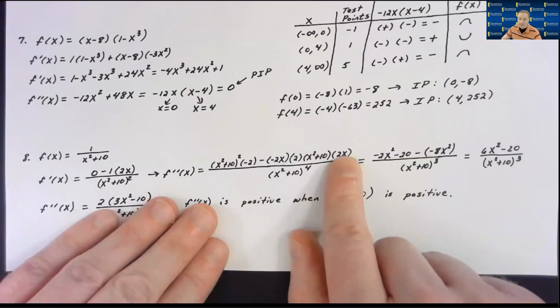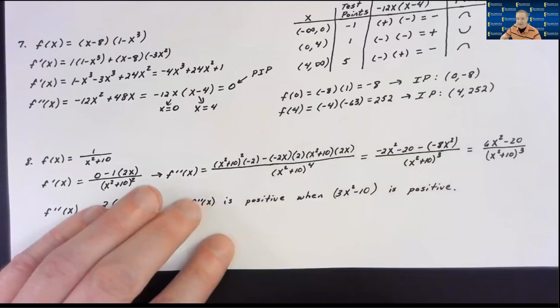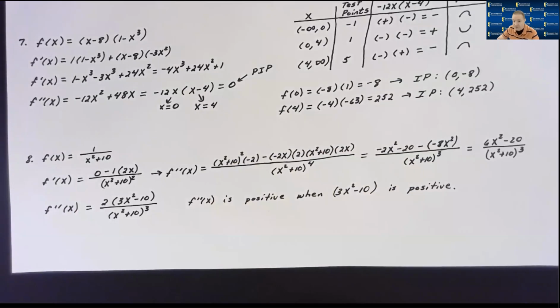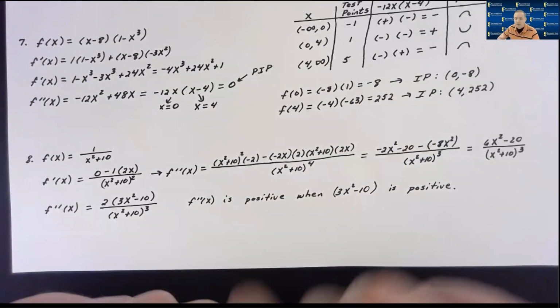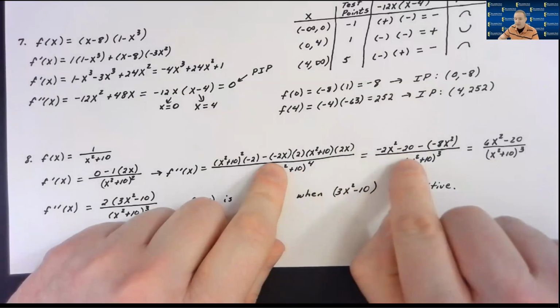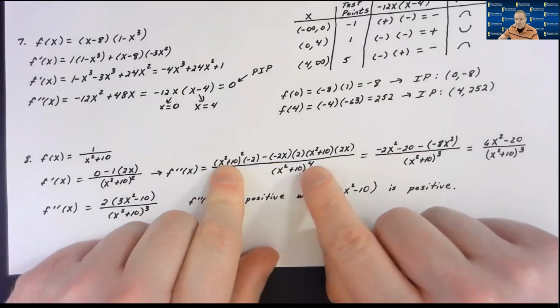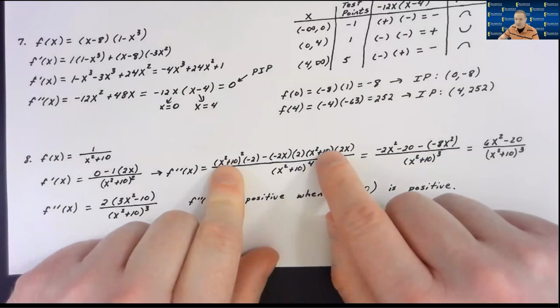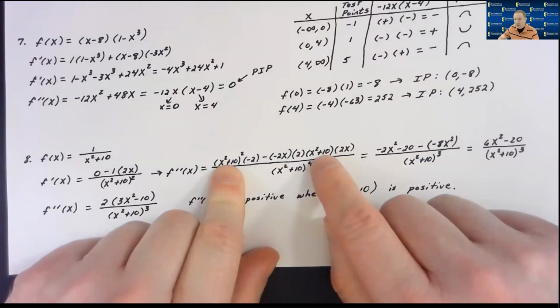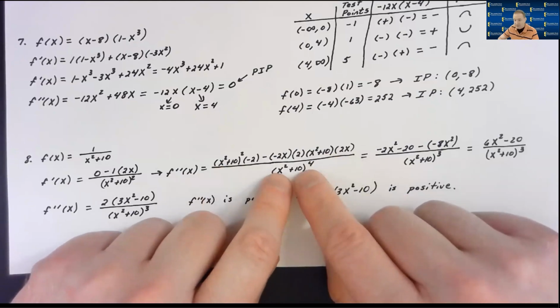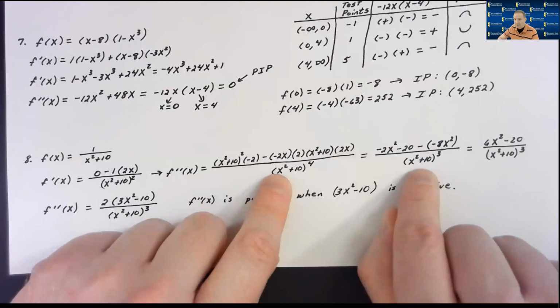Now I can say, okay, now I'm set with that, and I'm simplifying in this step. So what I did to simplify from here to here is I said, please notice in your numerator, this term has an x squared plus 10, this term has an x squared plus 10. Let's take out that common factor of x squared plus 10, reduce it with one of the factors of x squared plus 10 in the denominator.